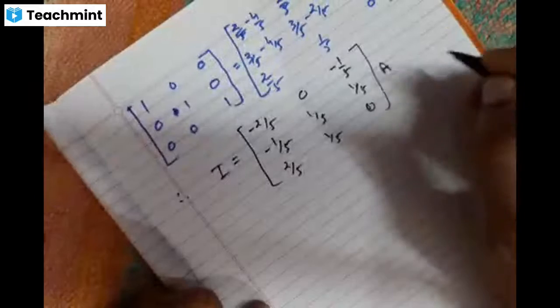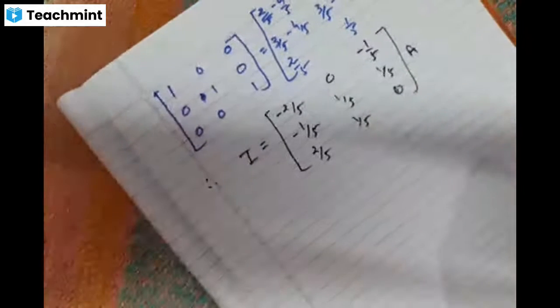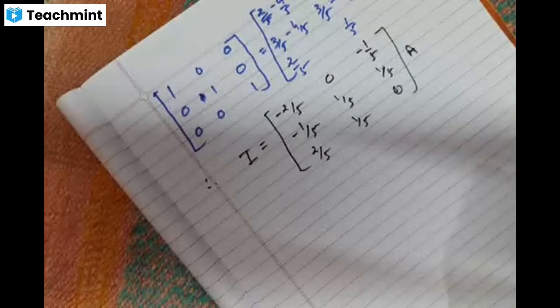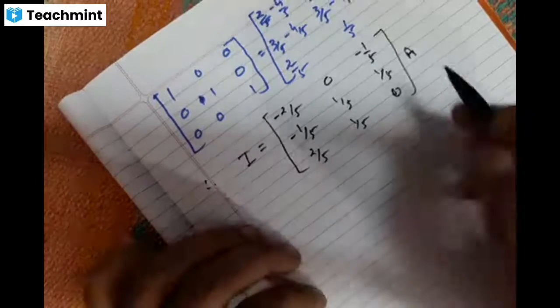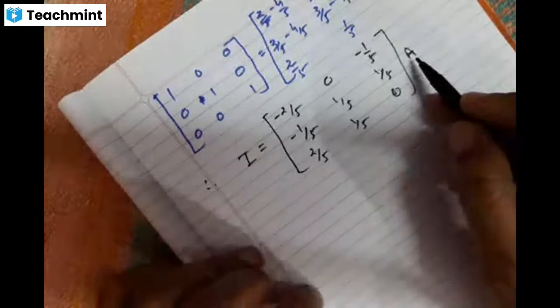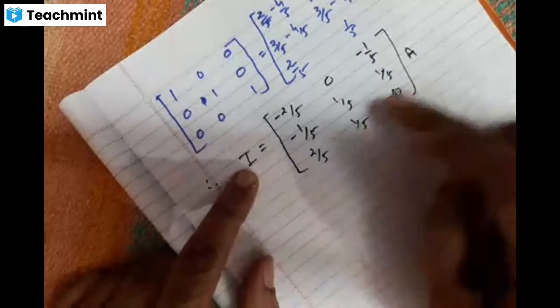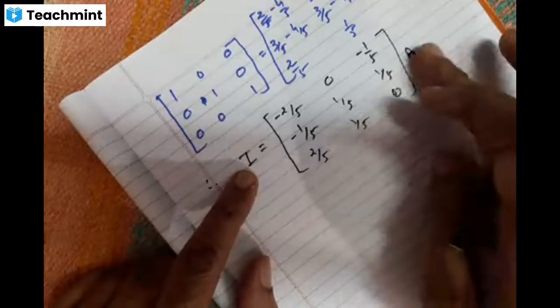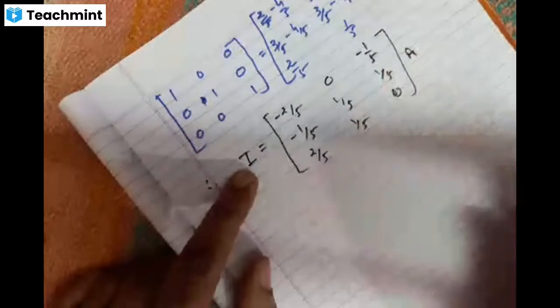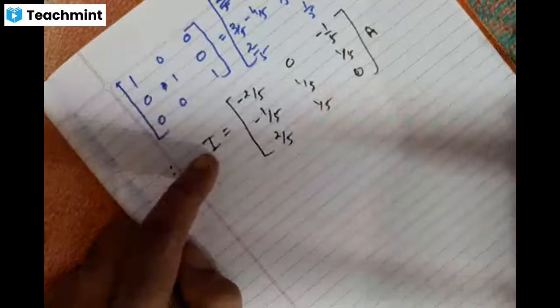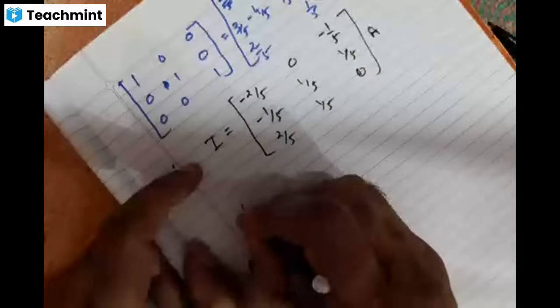Okay, right? So this way, I'm reminding you of the last lecture: any matrix A multiplied by another matrix, and if you get the answer I, that means both of these matrices are inverses of each other. Hope you understand this.